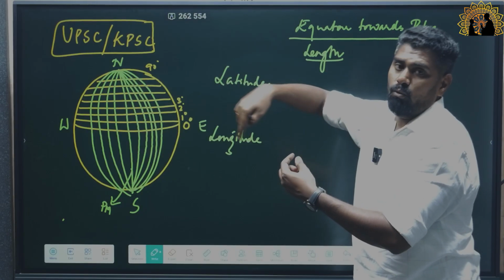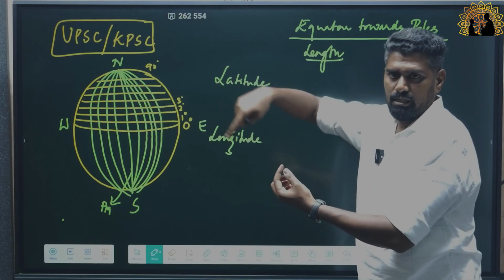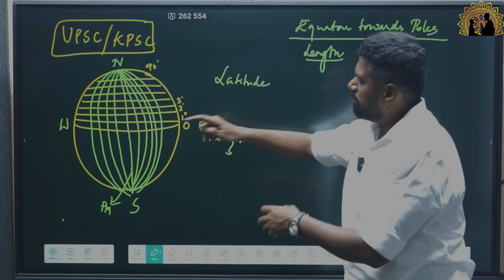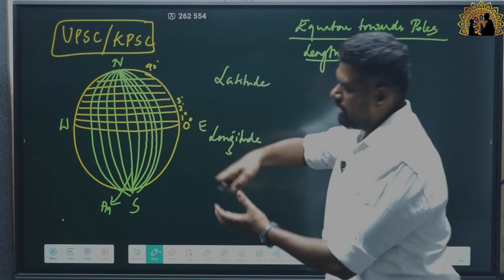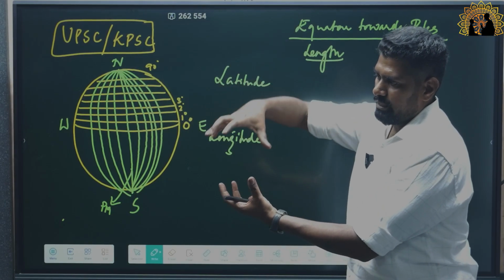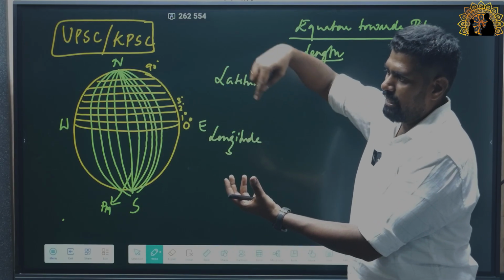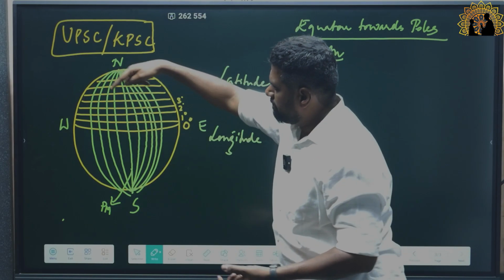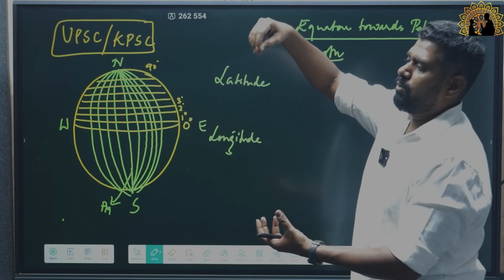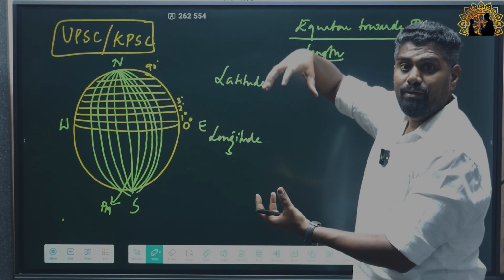The longest latitude we can have is obviously the equator. Since the curvature of the earth is like this, the length of the latitude above the equator, 1 degree, 2 degree, like that, being the circumference going till the poles, is going to decrease.